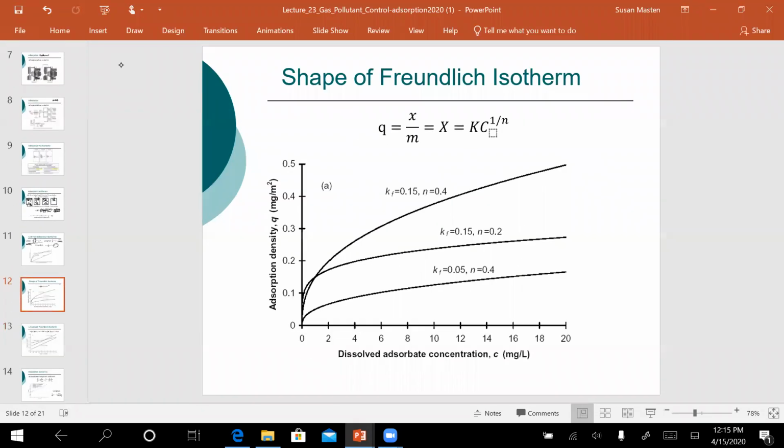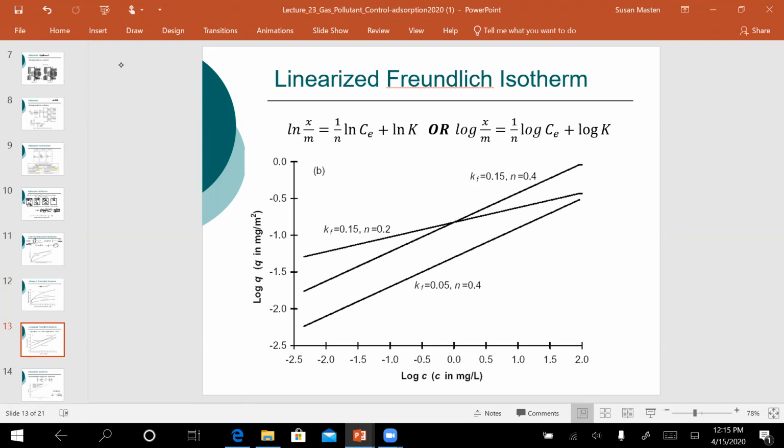We can linearize each of these. I'll skip that last slide, but what we've done is we've linearized these. For the Freundlich isotherm, because it's a power function, we'll use a log.